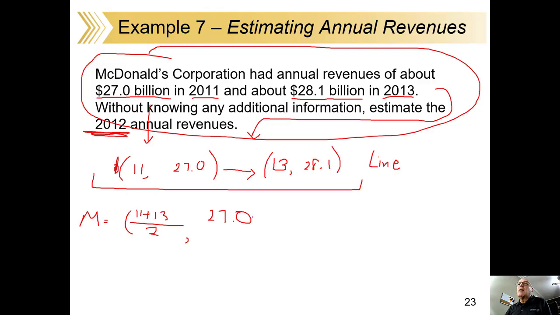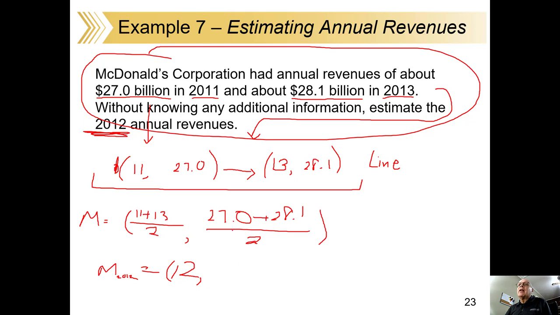For the y-coordinate, you'll have 27.0 plus 28.1 divided by 2. I'll say it one more time. Add, divide by 2. Finding the average. So what do you get? The midpoint, which represents 2012. I know you can do this better than I can. So when we take 11 plus 13, divide by 2, we get 12, and that corresponds to our 2012.